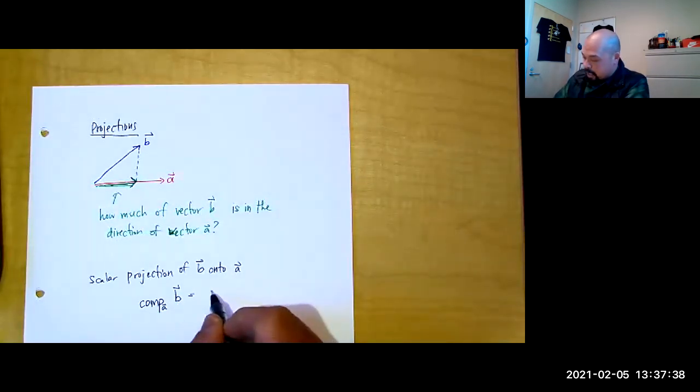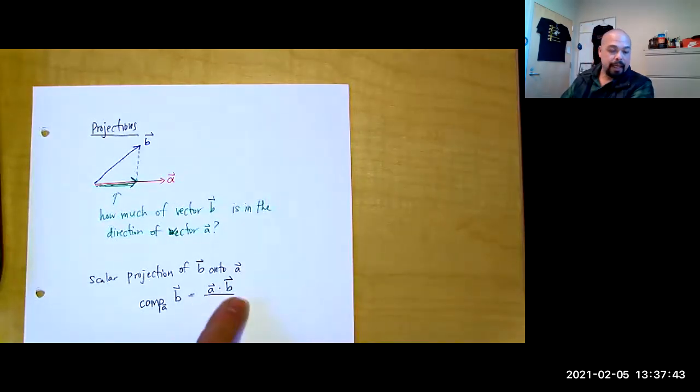We can compute that by taking the dot product, A dotted with B. It's commutative, so if you want to put B dot A, that's fine.